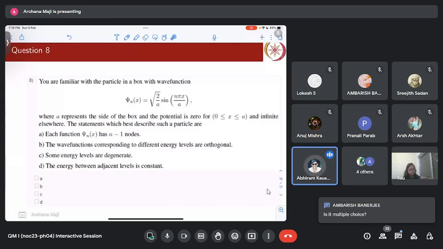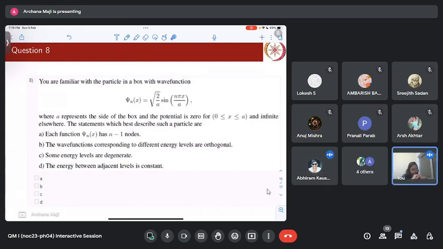And also B, the wave functions corresponding to different energy levels are orthogonal. And C, it is non-degenerate. And also D. So A, B, D, I think.